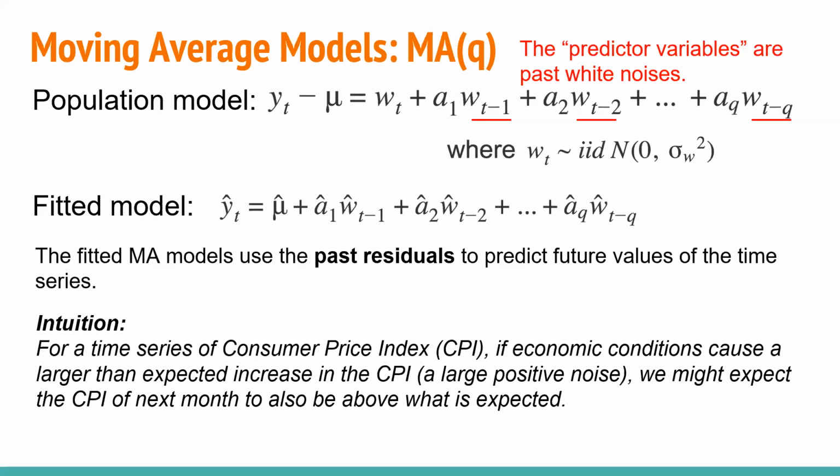But in the moving average model, we have a combination of the previous past white noises. And I'm going to cite another example right now. Another example that I'm going to cite is this.